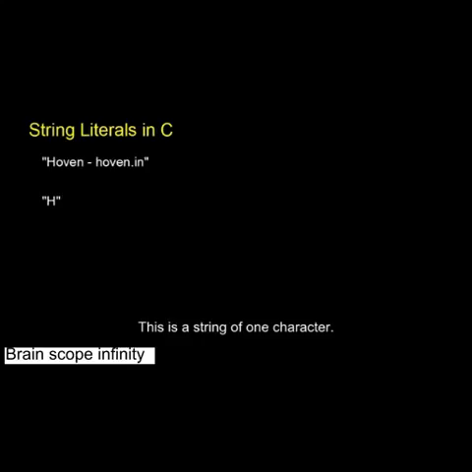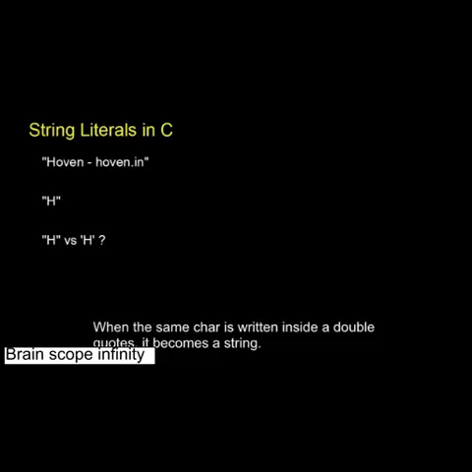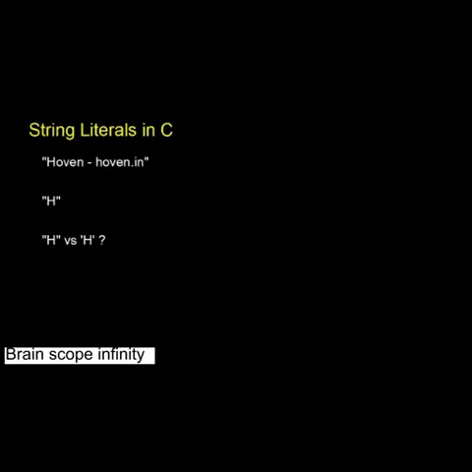This is a string of one character. When a character is written inside single quotes, it is a Unicode or ASCII character. When the same char is written inside double quotes, it becomes a string. A string is known from the double quotes.